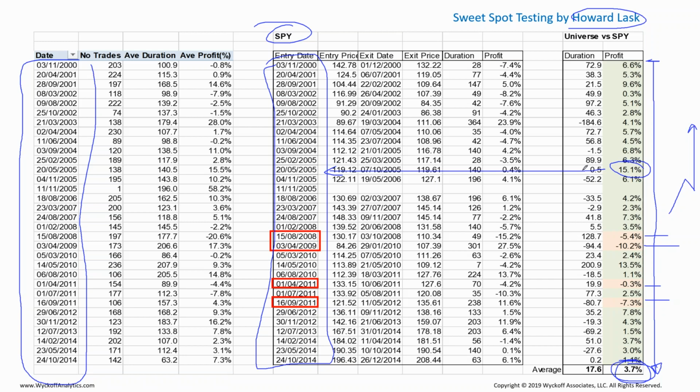Coming back to the sweet spot. Again, this idea of the sequence of strength: a strength on the rally and subsequent strength on the reaction. And for the longest time, when I started using this concept for my own trading, it was really hard to follow this sequence.